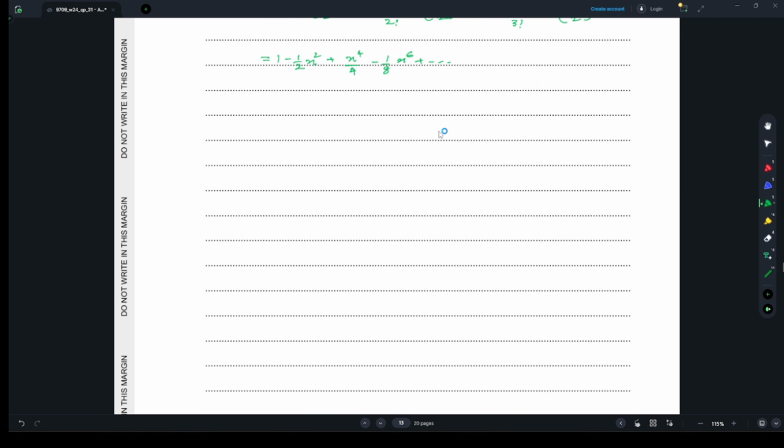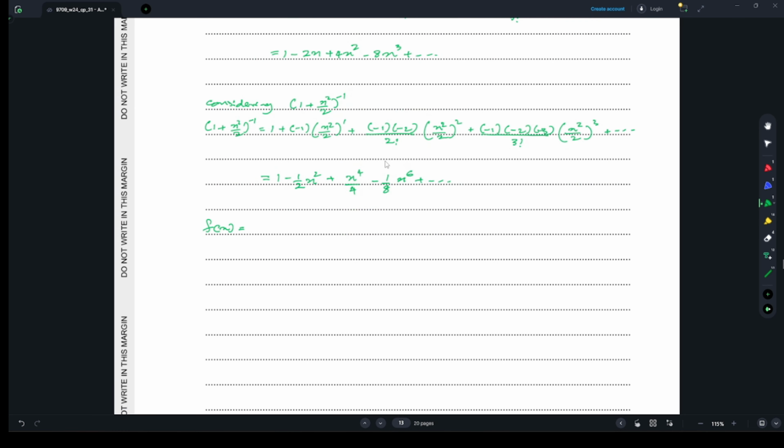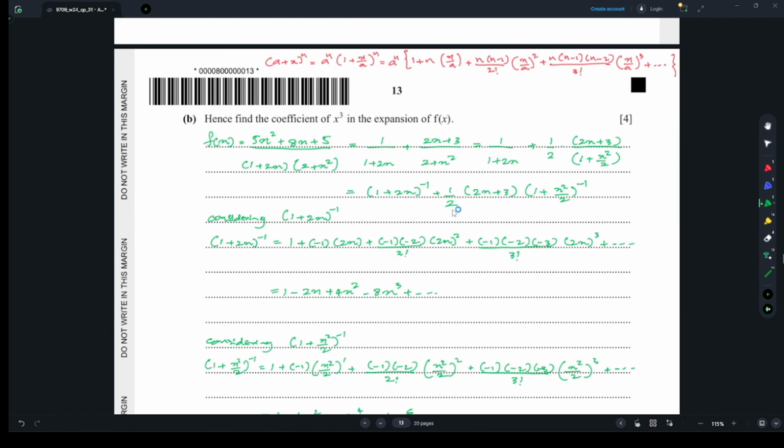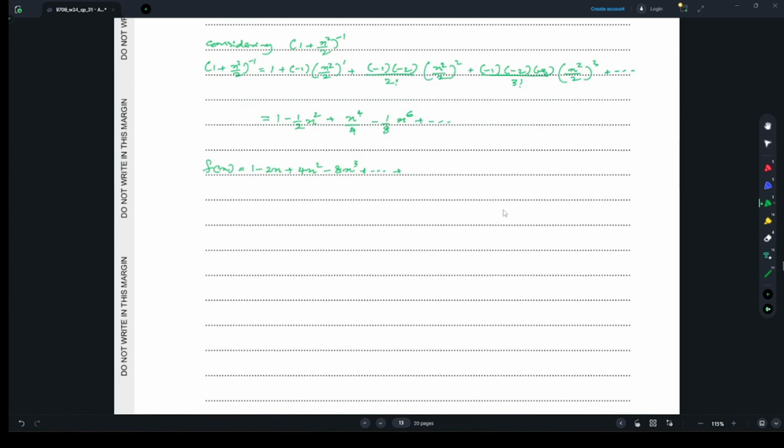Okay, so then I can write f(x) as here. Previously we had x1. So 1 minus 2x plus 4x squared minus 8x cubed plus... then plus, if you remember, here we have another term, minus half times 2x.